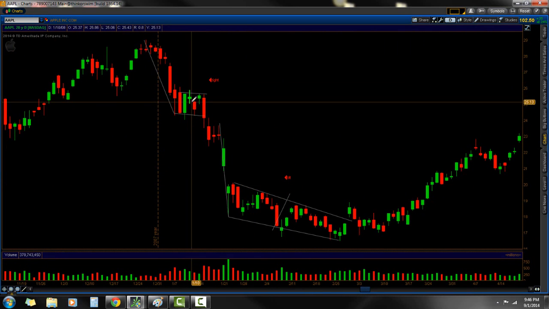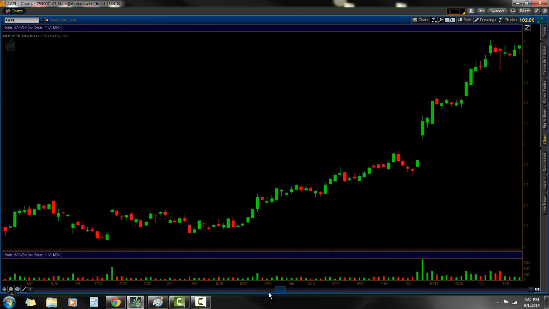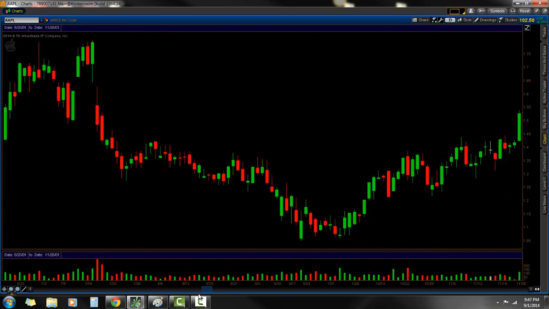Garbage inside the flag, too long. I think I covered those. I don't know if I've shown you a textbook bearish flag yet. Let me see if I can find one.